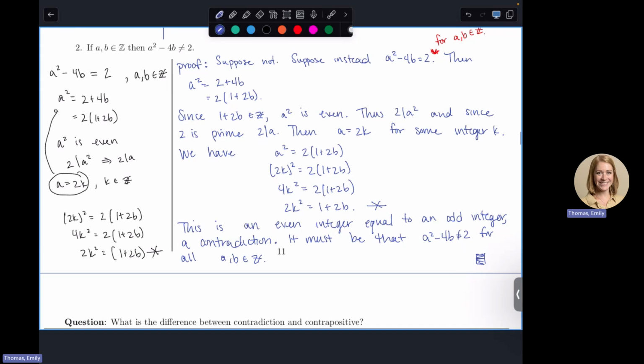Good? Questions? Comments? No questions or comments? We're doing fine. Yes? So like, we could also say, is it just for 2, you said the number, where the number divides a squared, and then it's any prime? So if 5 divides a squared, then 5 is going to divide a.